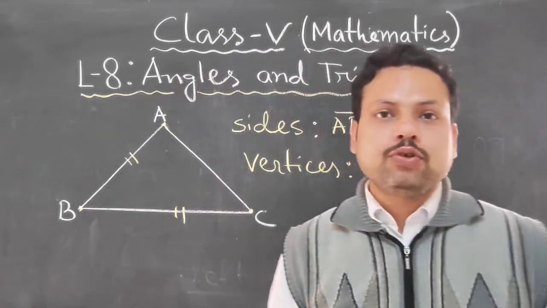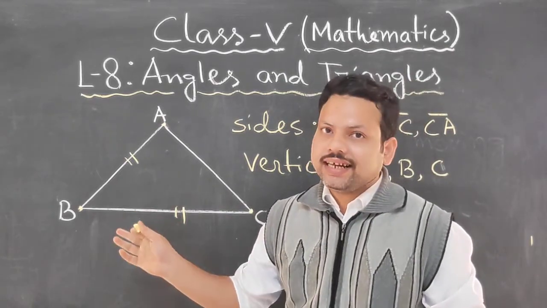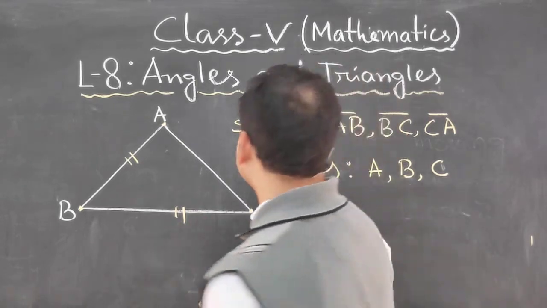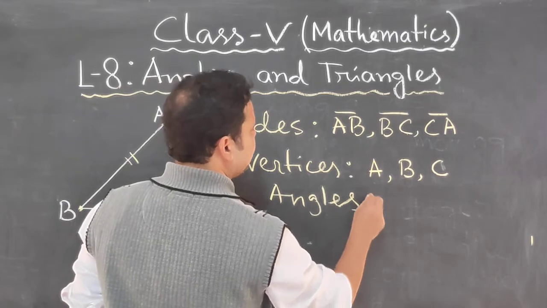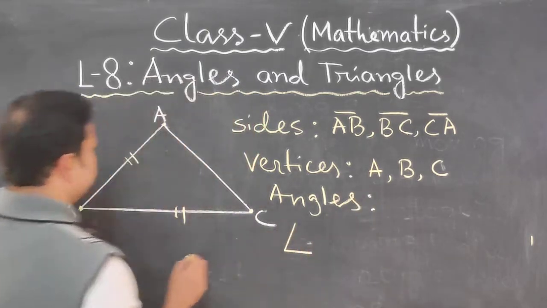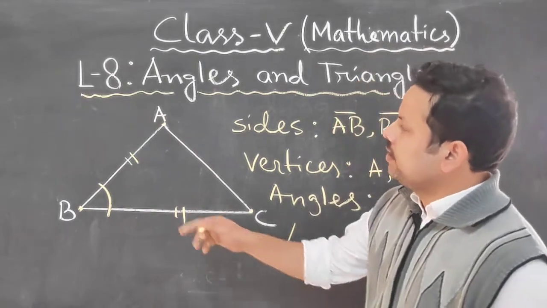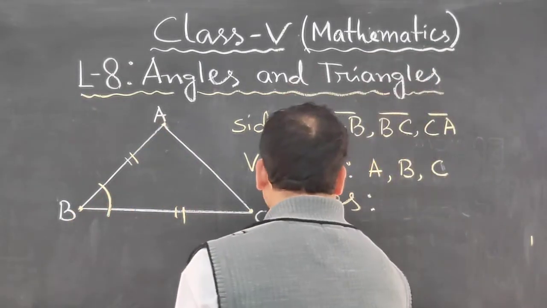Next we have to identify the angles' names also. In a triangle, obviously three angles are there. So we have to mention their names. Angles. First one, this. Okay. Angle ABC, right here.